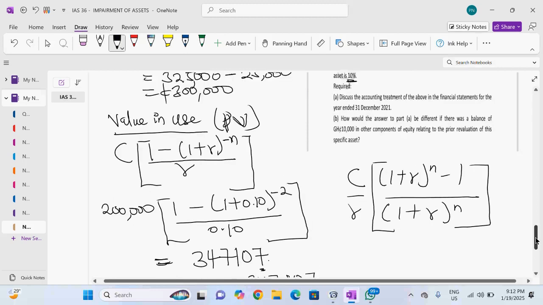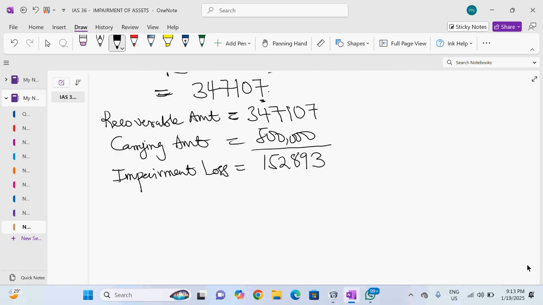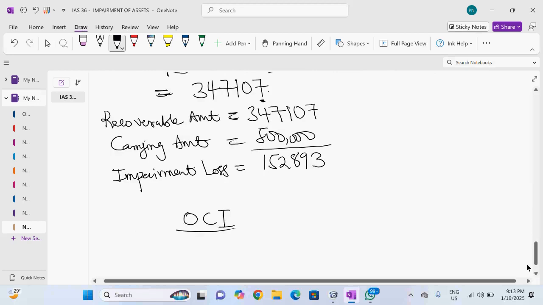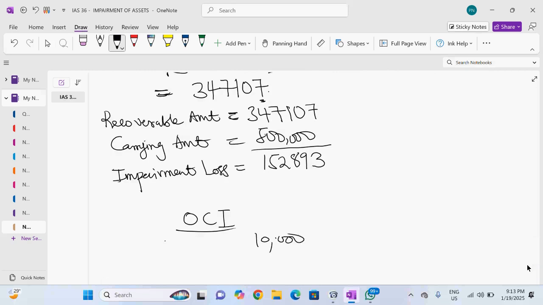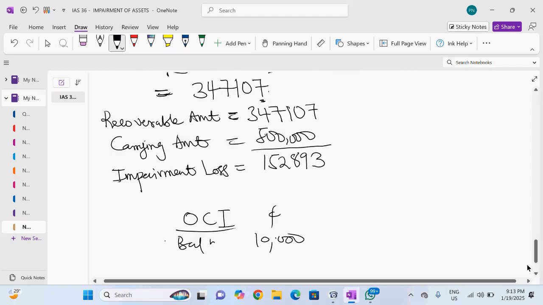If it's the OCI, assuming in the OCI balance there is 10,000, what will happen?